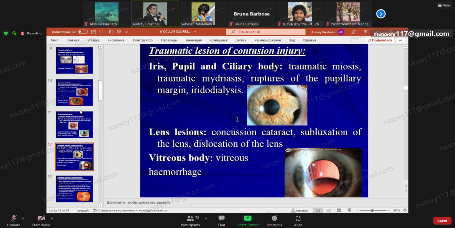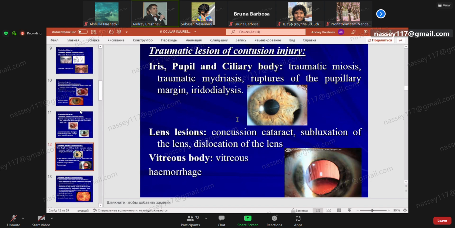The crystalline lens is also a very important structure, which may be involved in the process of trauma. The most frequent type of lens change is cataract, opacity of the crystalline lens, of different severity, of different degree.